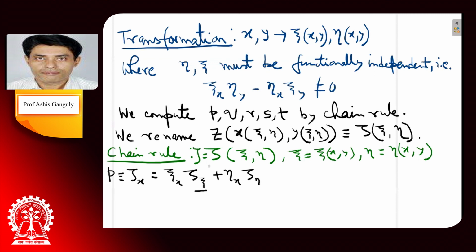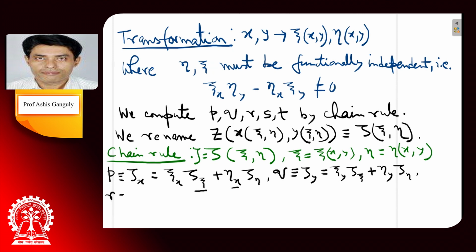Similarly, when you differentiate zeta with respect to eta, you get zeta eta with a factor here. So q, which is zeta y, will be similarly xi y zeta xi plus eta y zeta eta.